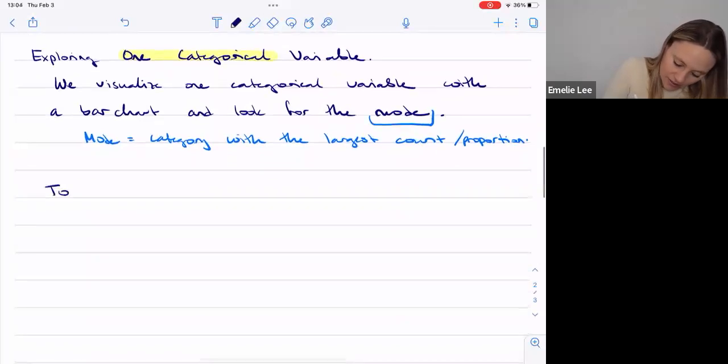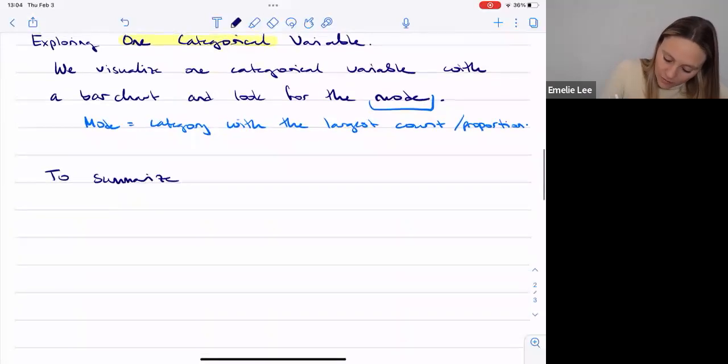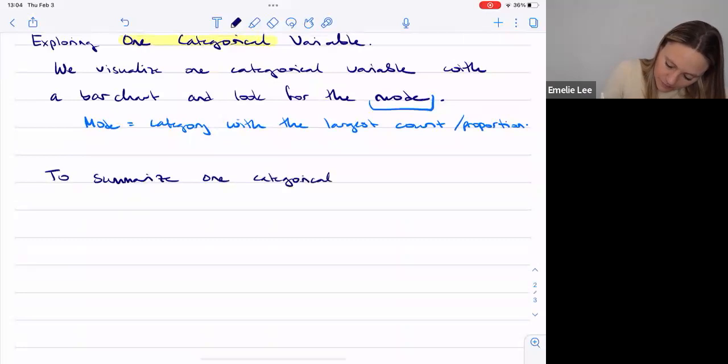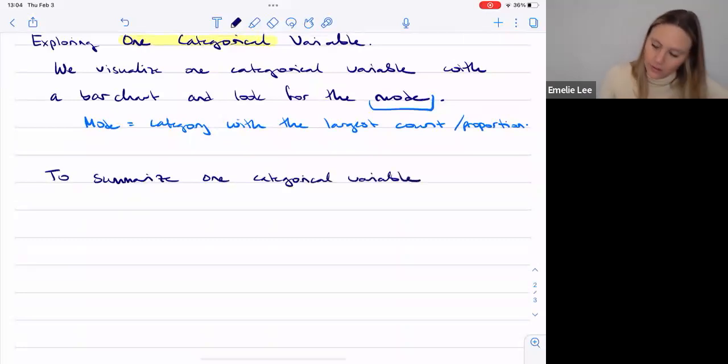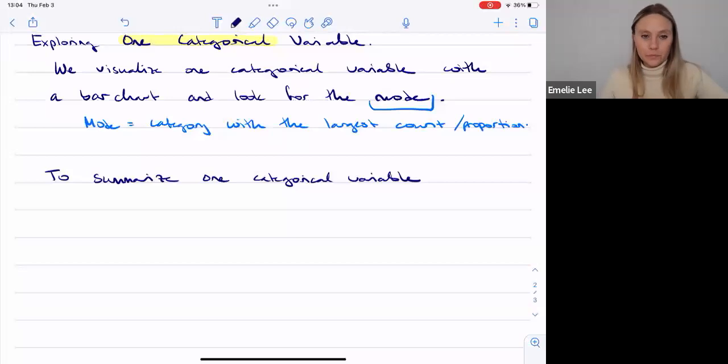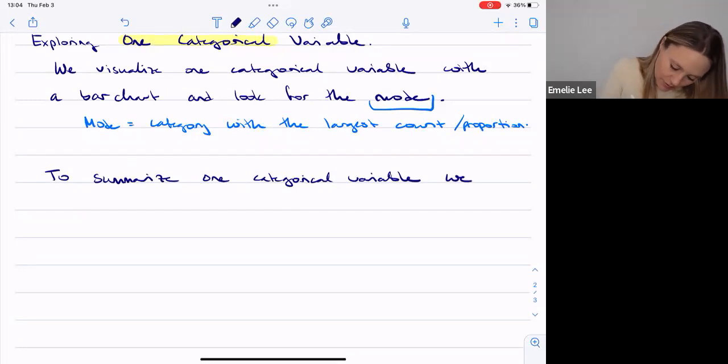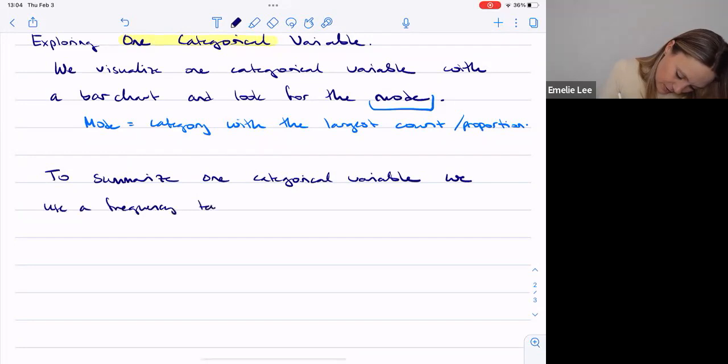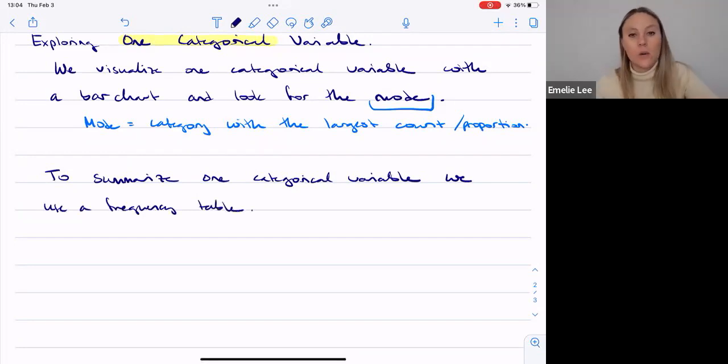So to summarize one categorical variable, we use a frequency table, which could also be a table of proportions, what's that called? Prop.table.